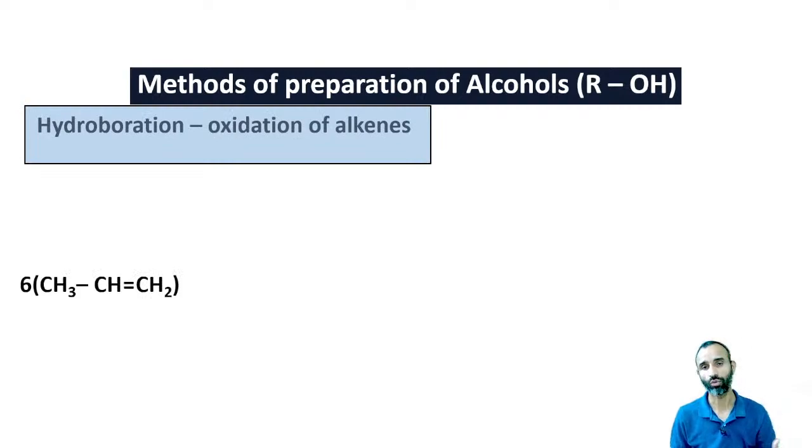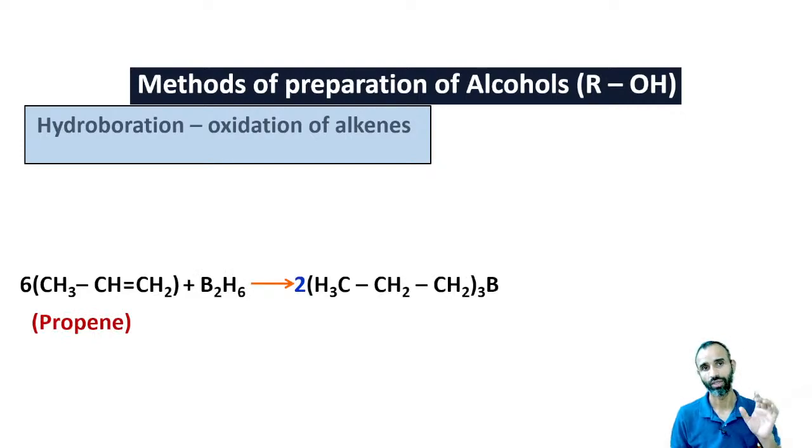So in hydroboration oxidation, first we have propene, we treat it with B2H6, so we get tripropyl borane.